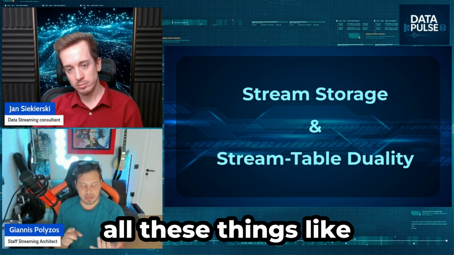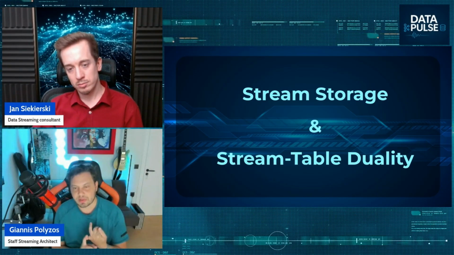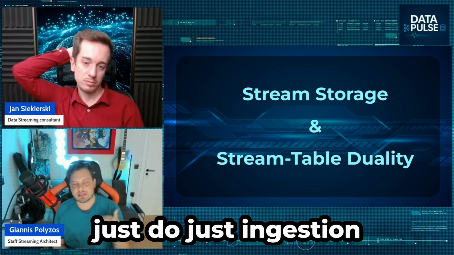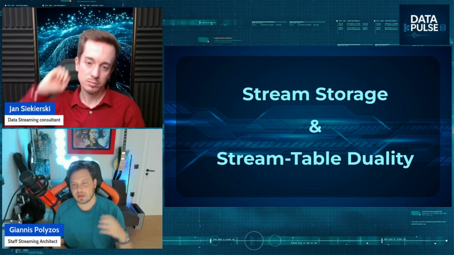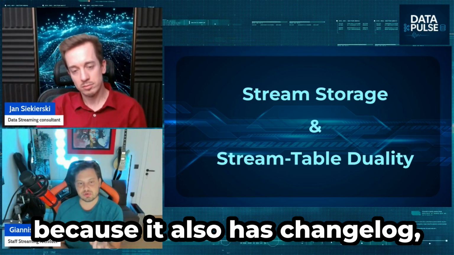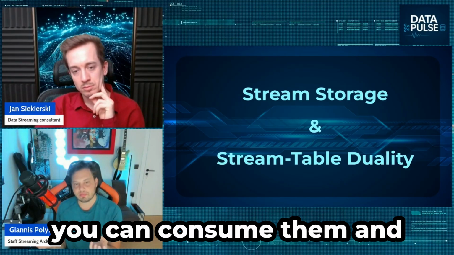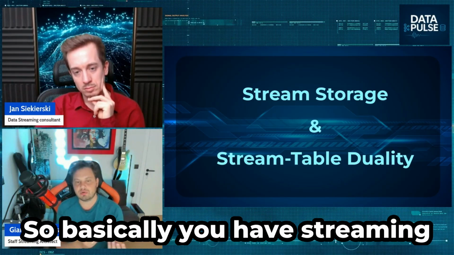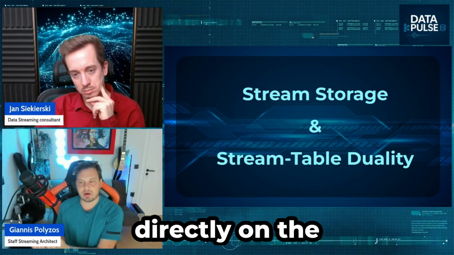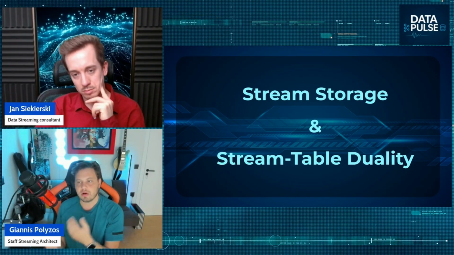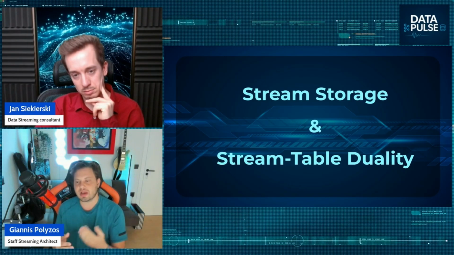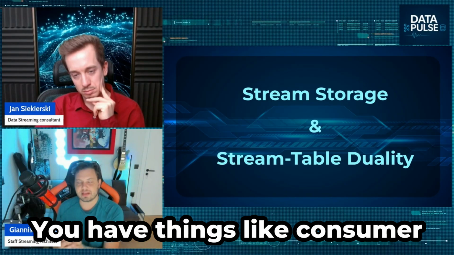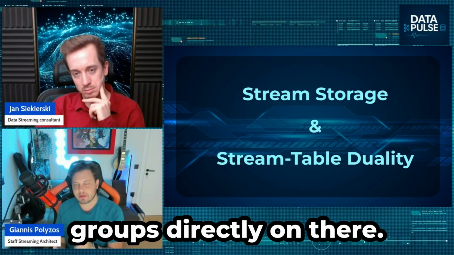You get all these things like streaming materialized views. You don't just do ingestion as you would do with Iceberg. You ingest the data, but then because it also has changelogs, you can consume them and create other tables. So basically, you have streaming materialized views directly on the data lakehouse. All the changes get propagated. You have things like consumer groups directly on there.